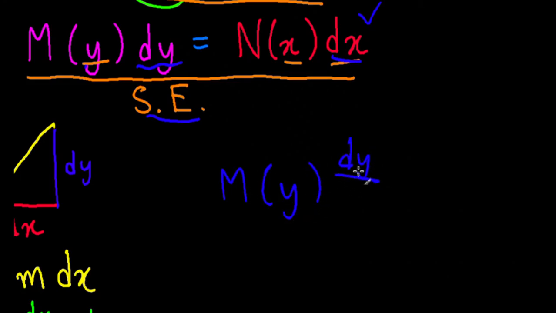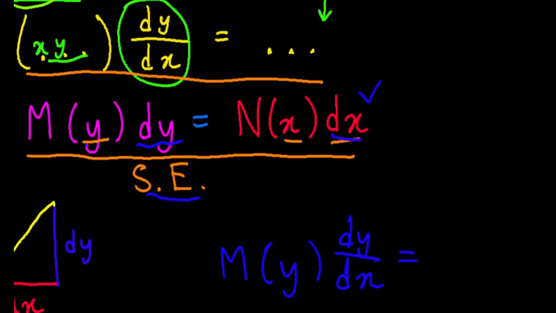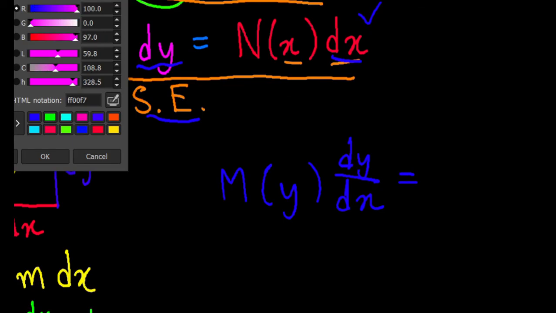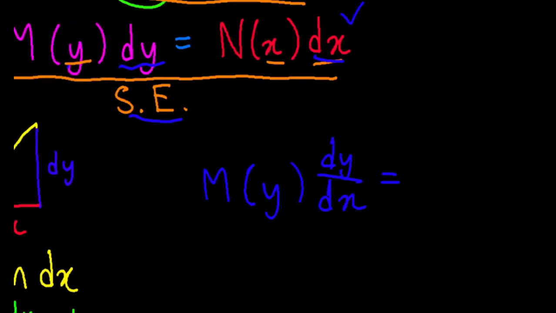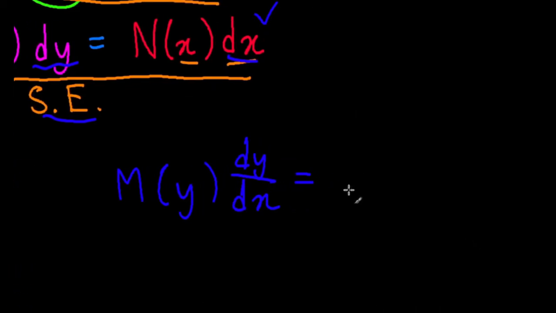Until so far we haven't done anything that's not rigorous, so until so far we're good. We need to be able to get this far for it to be a separable equation, and no breach of logic so far.